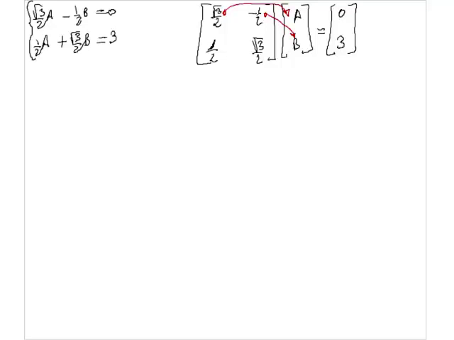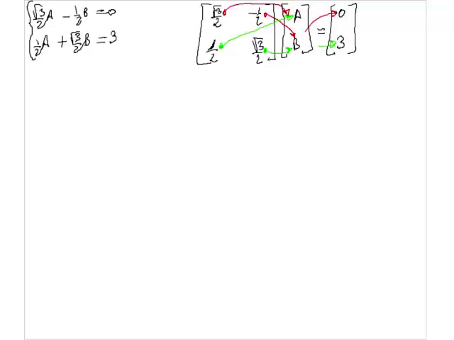This should give you this guy. Then we're going to take the other row. This first term times the first term plus the second term times the second term must give you this one. It's that easy. That's how matrices multiply each other.